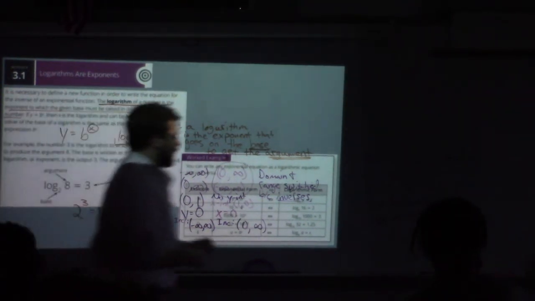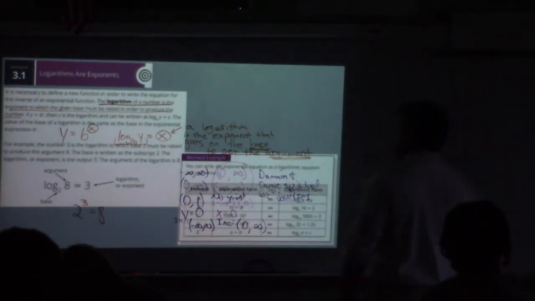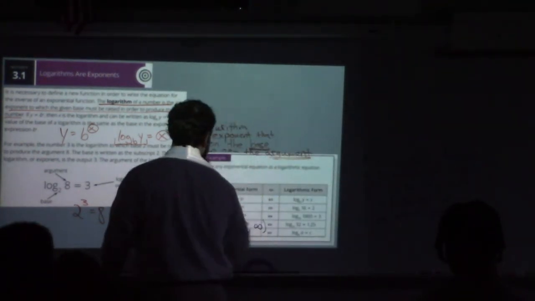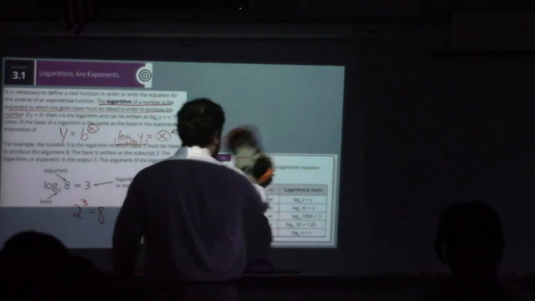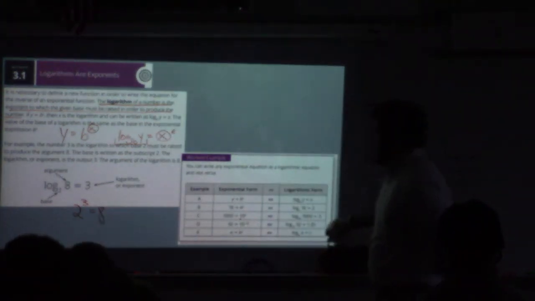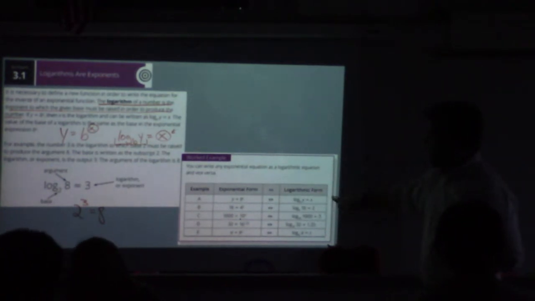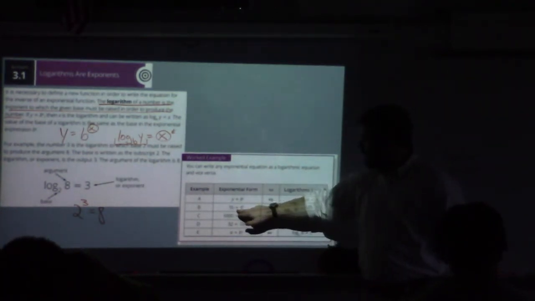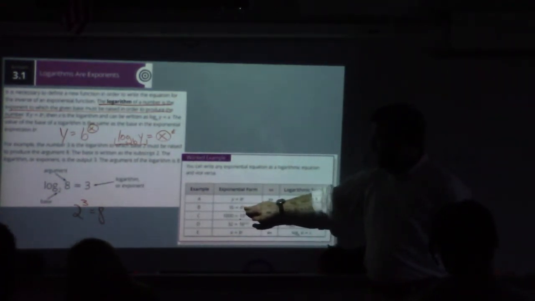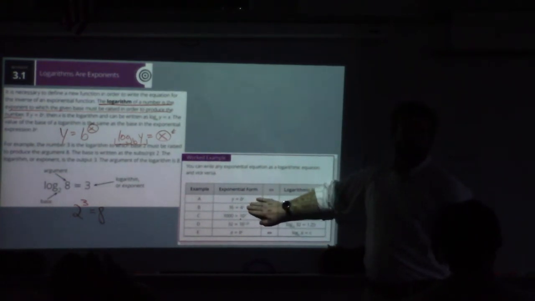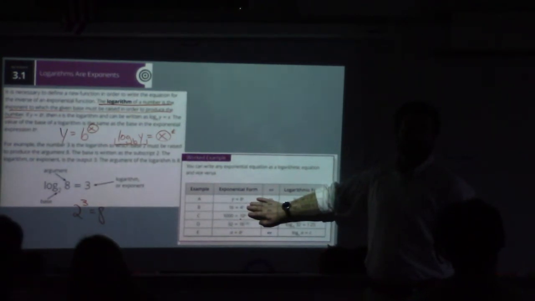And they give us quite a few examples here. Right? So examples, very generic. Here's an exponential form though. 16 is equal to 4 squared. So what is the base of my logarithm? 4. It'd be base 4, right? Isn't the base of the logarithm the same as the base of the exponent?